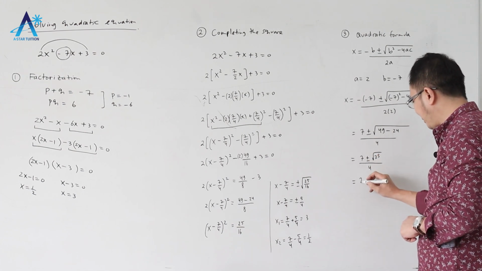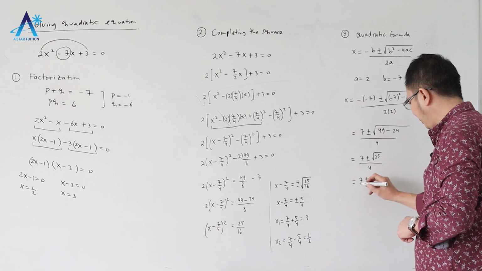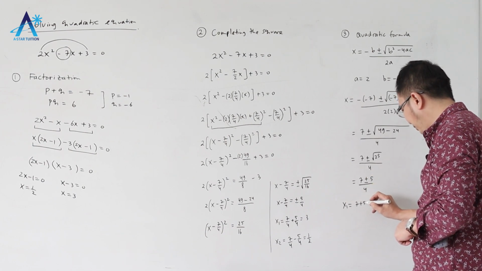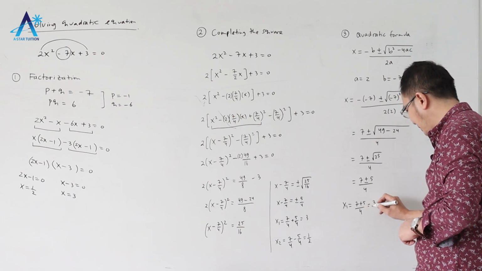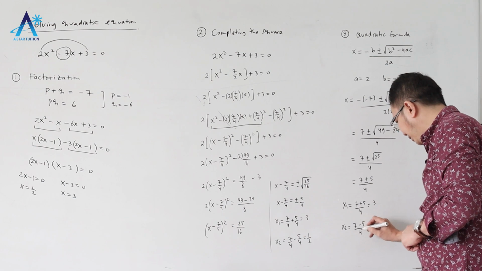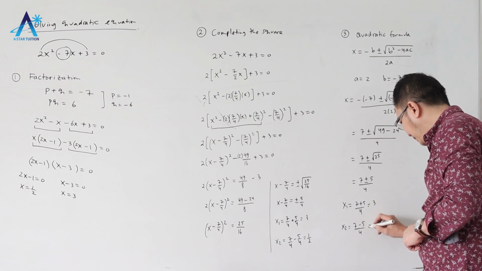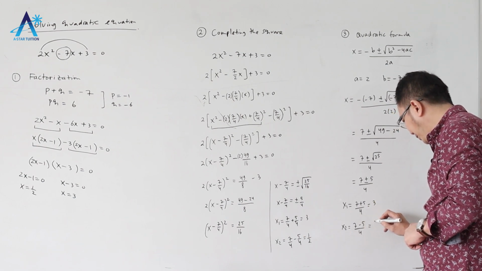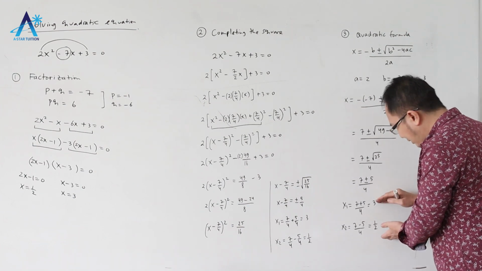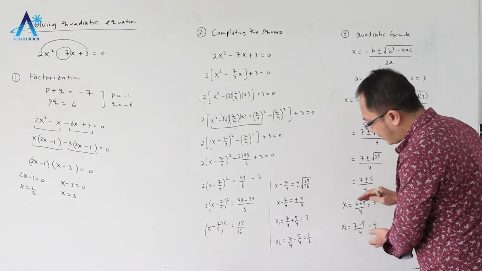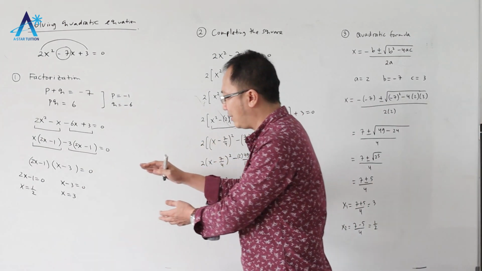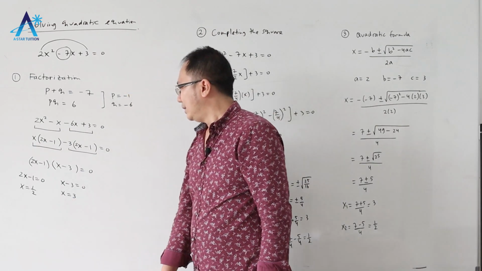This is a 5, so we have 7 positive negative 5 over 4. x1 is equal to 7 positive 5 over 4, which is giving us 3. And x2 is 7 negative 5 over 4, which is giving us 2 over 4, which is equal to 1/2. And once again, the results of these are also consistent with the result from the second technique as well as from the first technique.